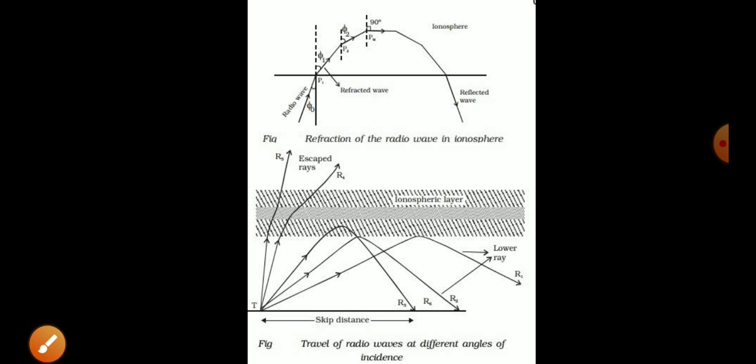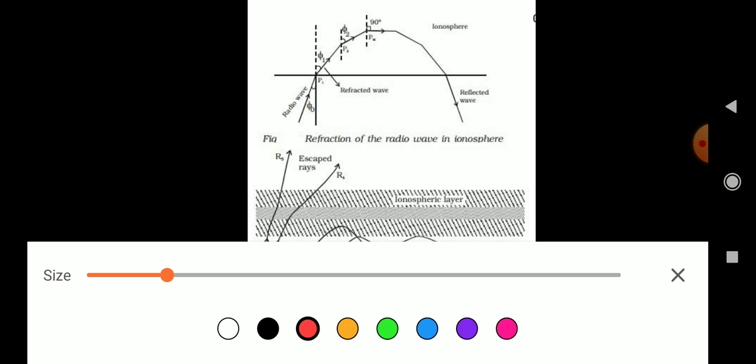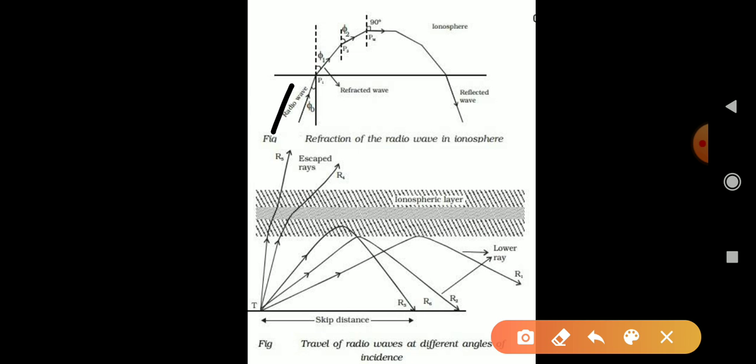Here you can see that up to here the process of reflection is taking place. Now when we move from rarer to denser medium, from this region up to the ionized region, then we find that there is a bending of waves taking place, and a point will reach where the radio wave becomes parallel to the earth's surface.